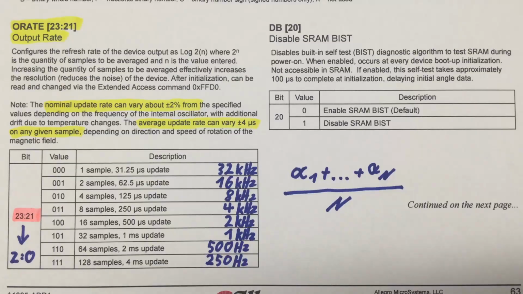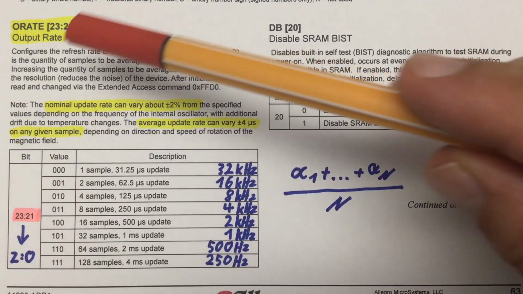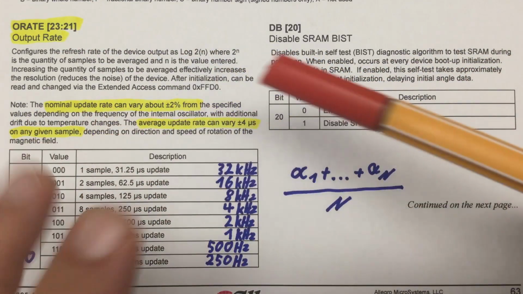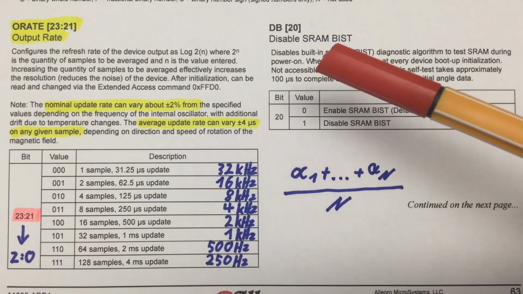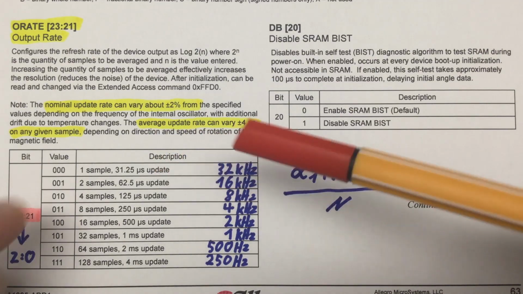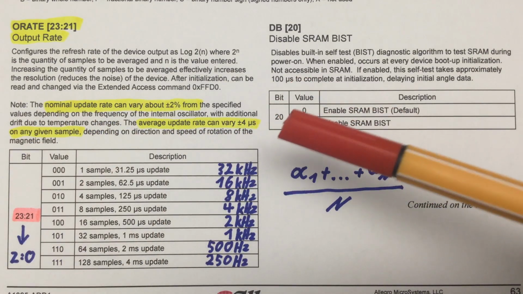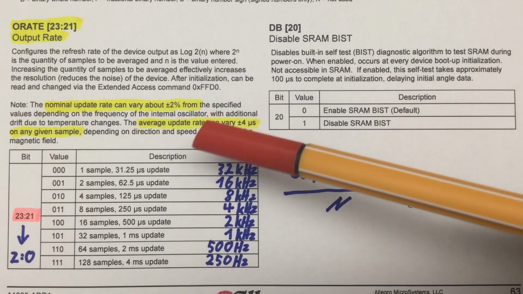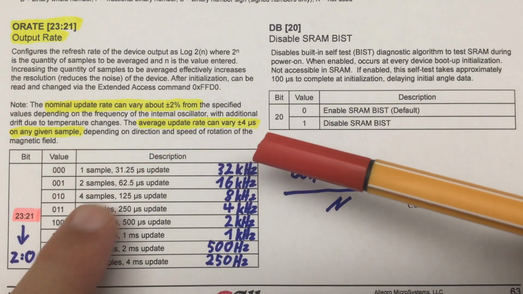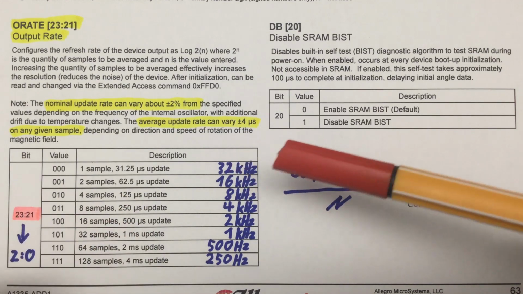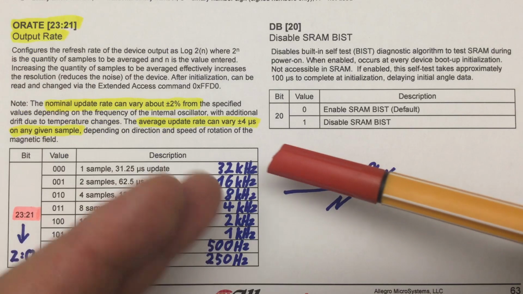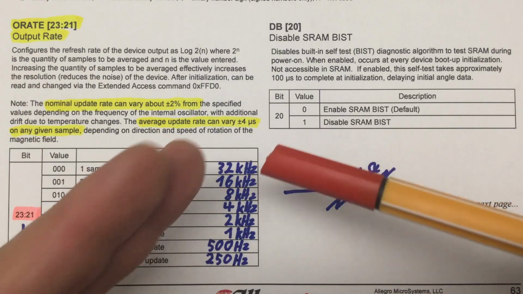Enjoy! Just a short recap of the output rate setting. So you have 8 settings available, so really just a 3-bit value. And setting 000 means each time one sample from the analog to digital converter is taken, and you get an update period of 31.25 microseconds, and that corresponds to an update frequency or output rate of 32 kilohertz.